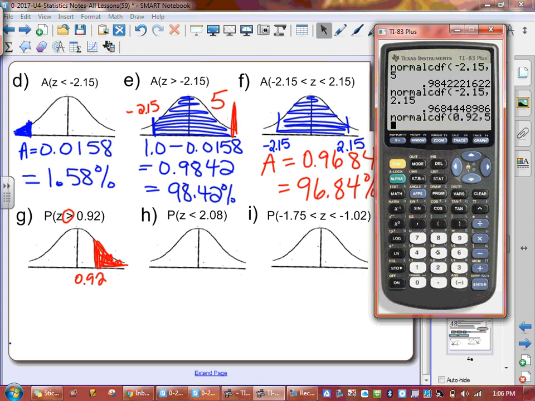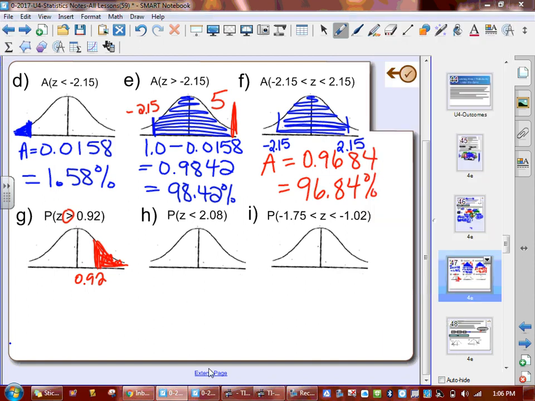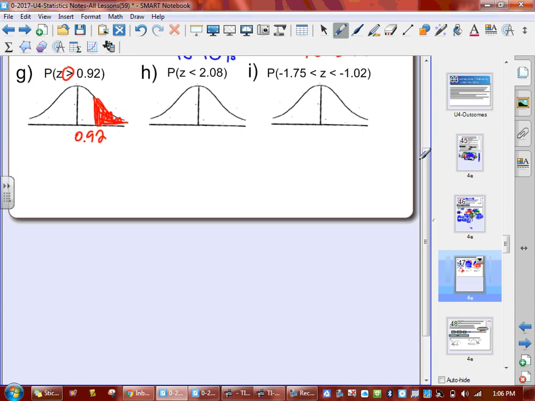Enter. So we get, let's just raise this up a little bit so you guys in the back can see a little better. So this guy is going to give us an area of 0.1788. That 7 will round up, which is equal to 17.88% of the data.